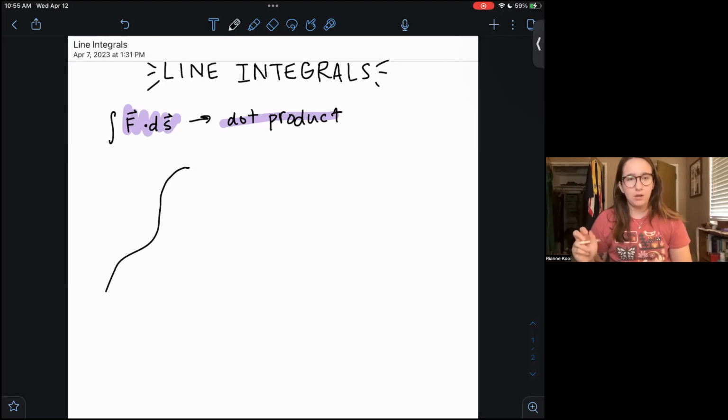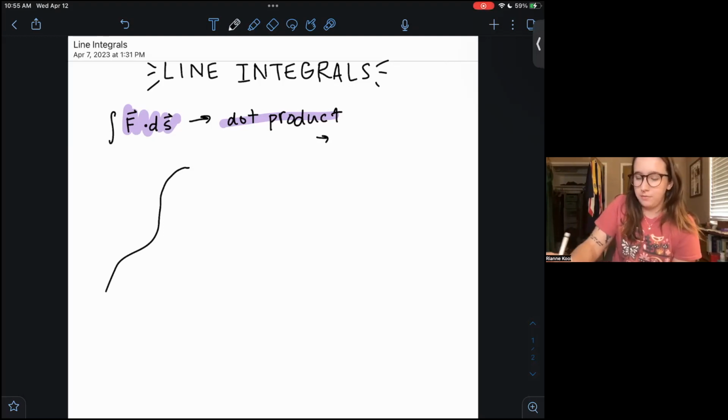So when we think of a dot product, we want to think of parallel lines, because we're looking at cosine.